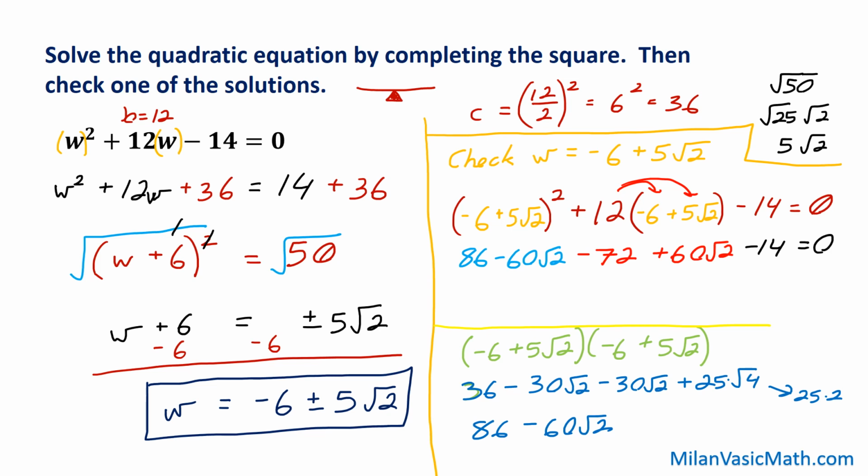Okay, I can see that negative 60 radical 2 and positive 60 radical 2 simplify. 86 minus 72 is 14. And 14 minus 14 equals 0. So I know that that is the correct solution.